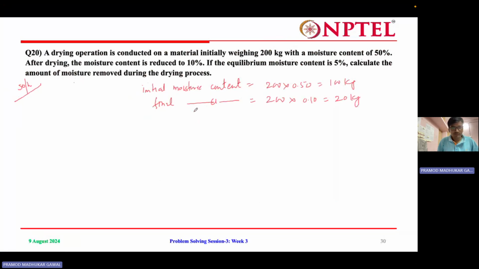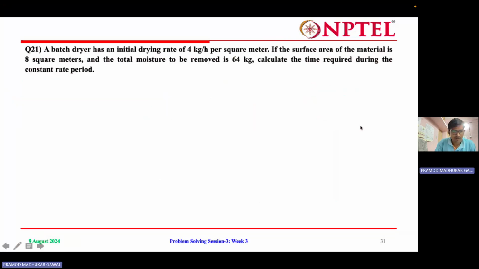So moisture removed equals 100 minus 20, which is 80 kg. So 80 kg of moisture is removed during the drying process.